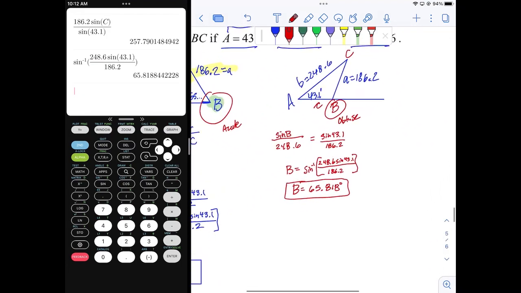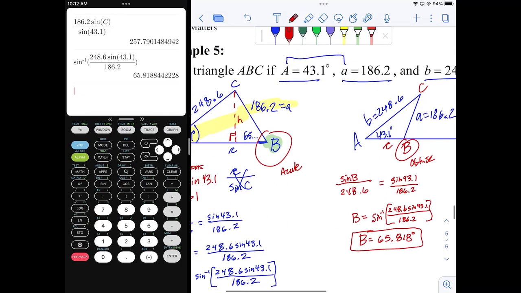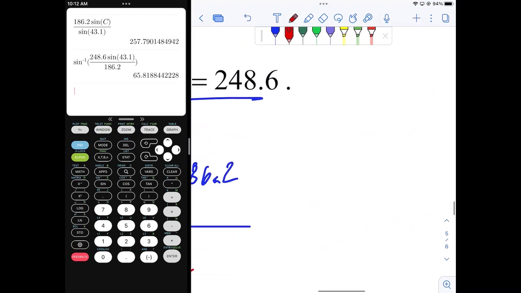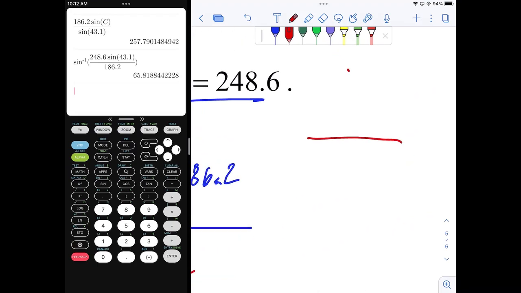So what can we do? Well, what do we know about those two angles? Let's just draw that off to the side. Here's one angle, here's the altitude. Here's the other angle, that's the same altitude. This angle is going to equal this angle. This side is going to equal that side. It's going to be an isosceles right triangle.